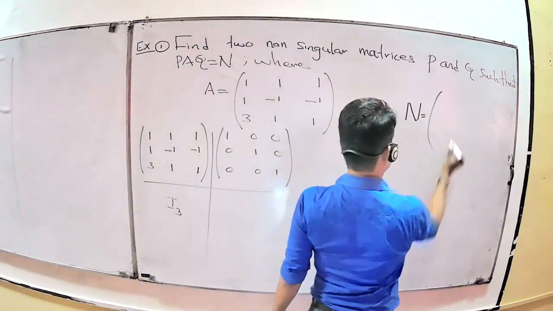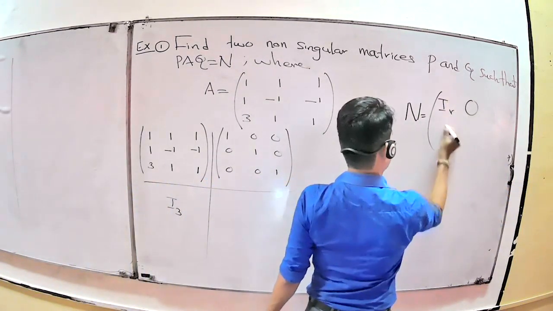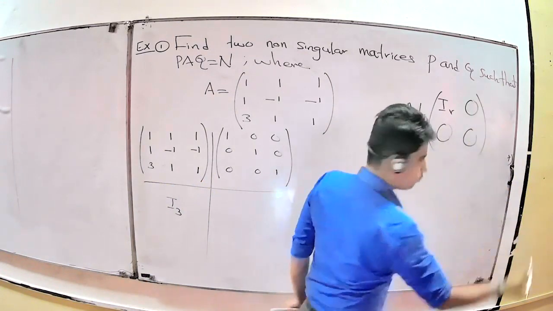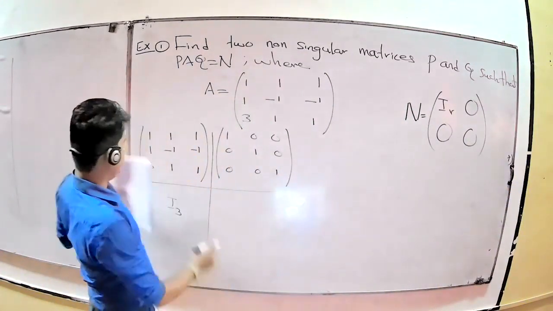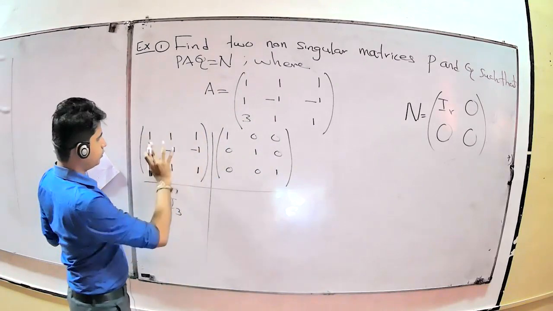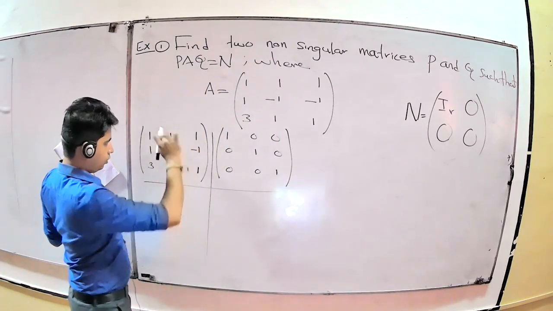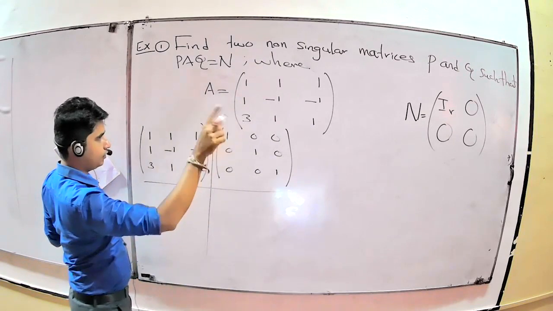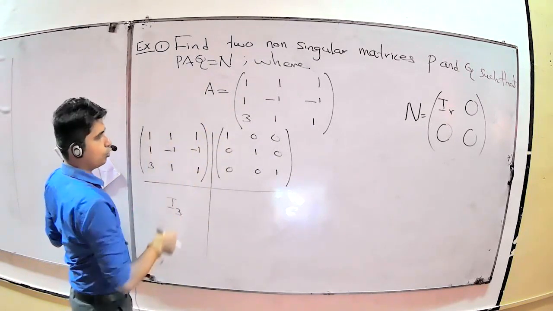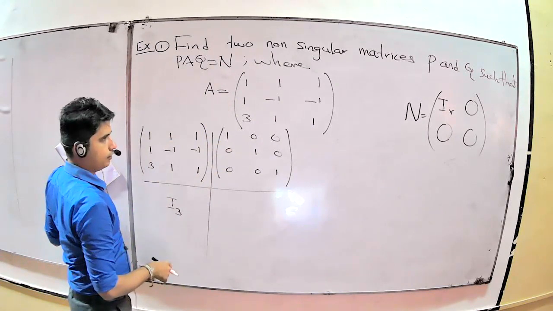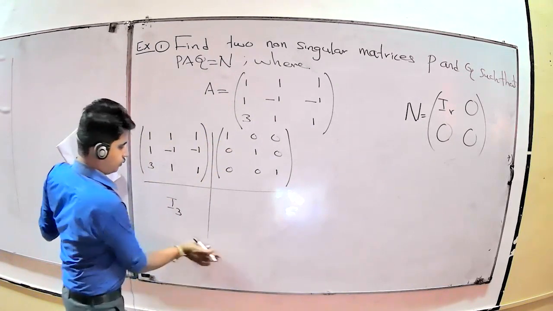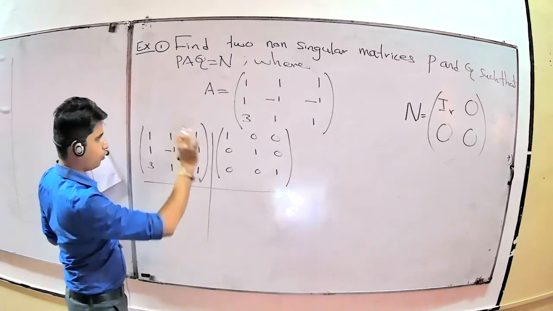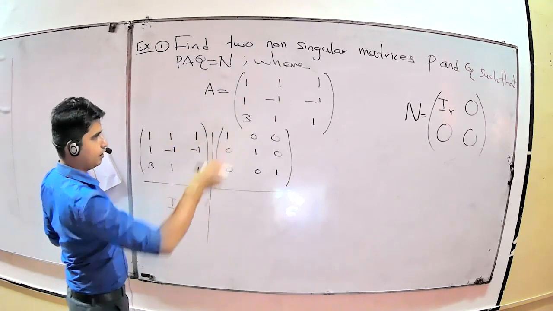Normal form means like this: IR 0 0 0. It is the normal form. Therefore, you want to create this from the 3 cross 3 matrix. Then you do some row operations, and you want to create IR 0 0 0. That is your normal form. Now you can do some row operations, then you can get the normal form.